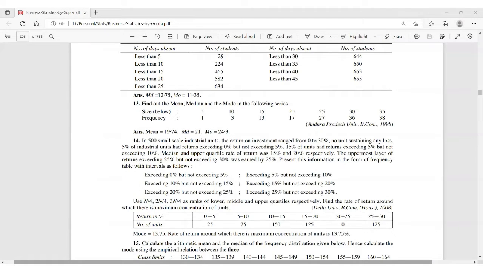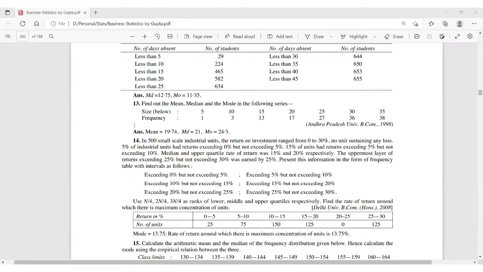The variation is much more. This kind of difference is what we study in variation.